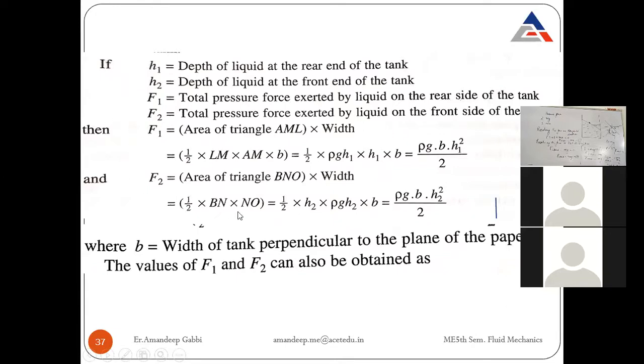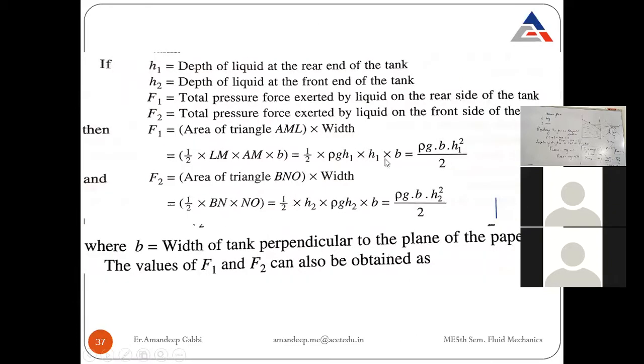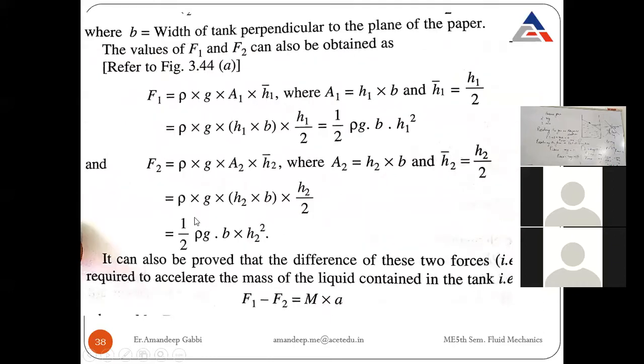This is sufficient for your calculation. It is the same that is being derived over here: rho g B h1 square by 2 and rho g B h2 square by 2. You need not go to this.